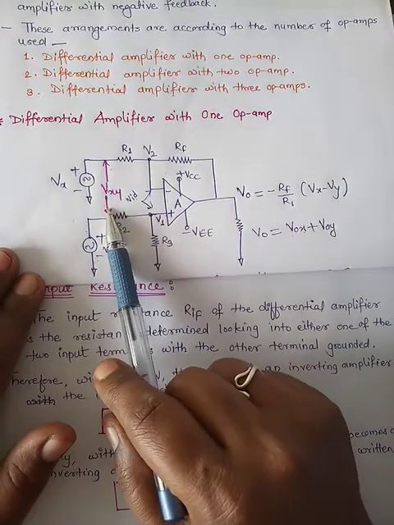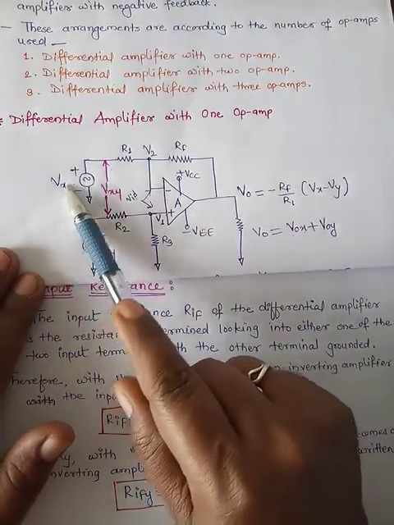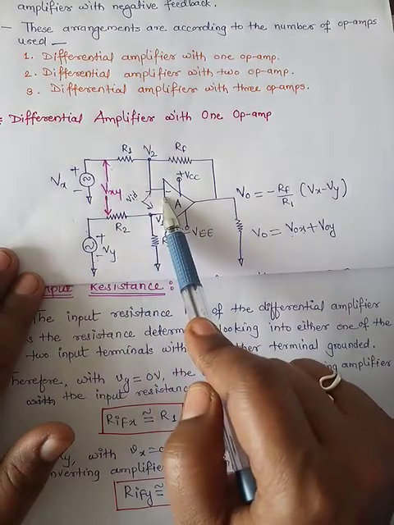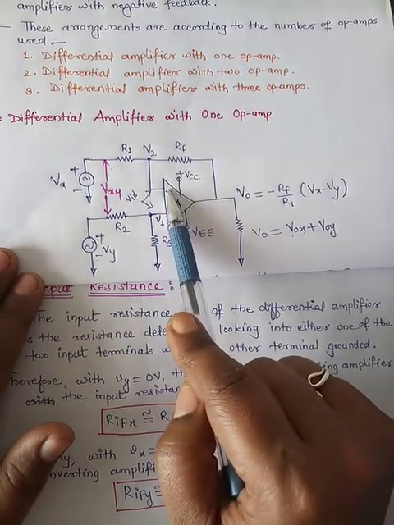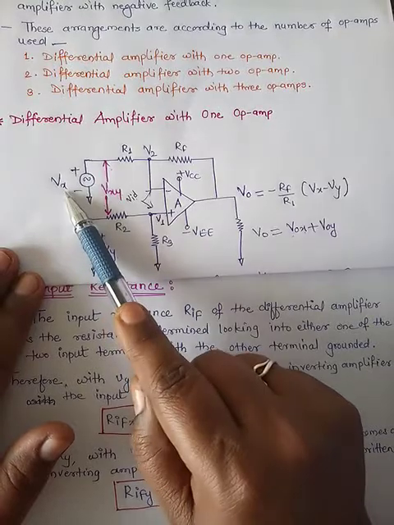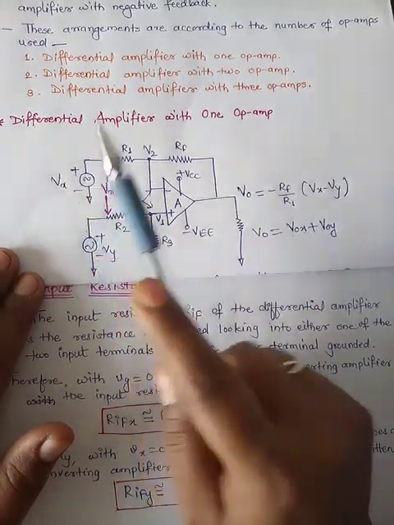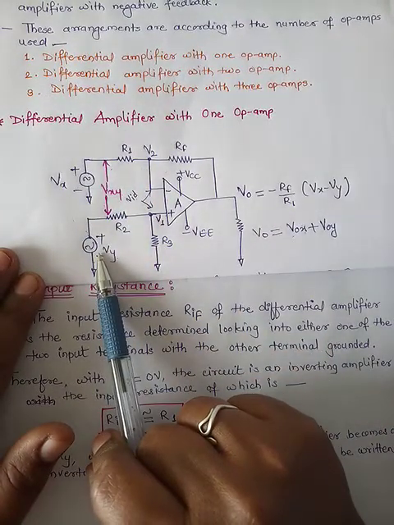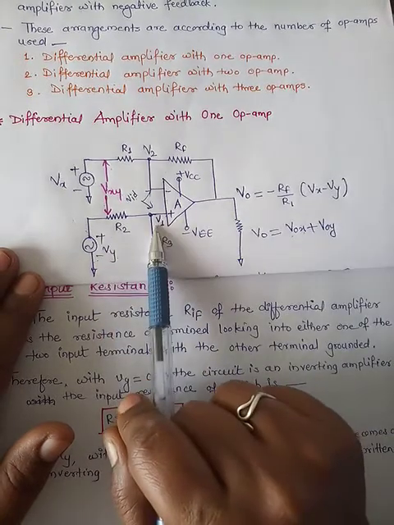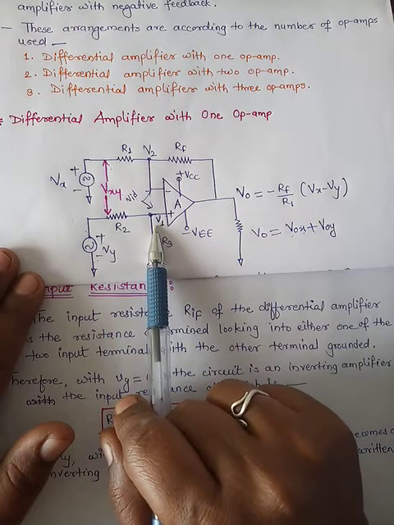See, what happens is we are looking for the input resistance into the inverting input terminal, where Vx is the signal which is present and Vy is equal to 0. If it is 0, V1 voltage will automatically be equal to 0.